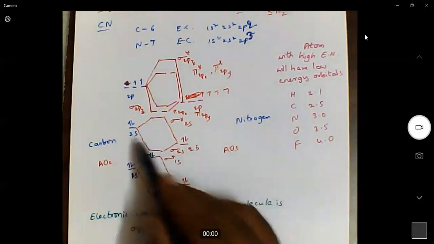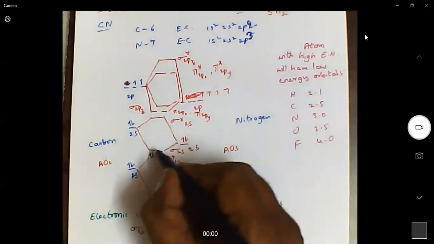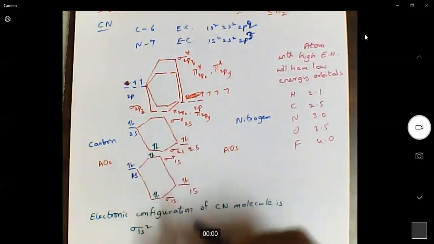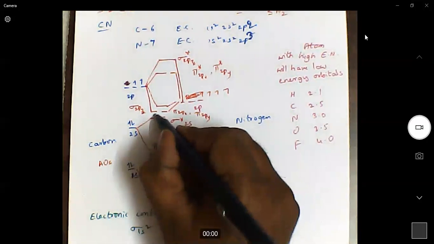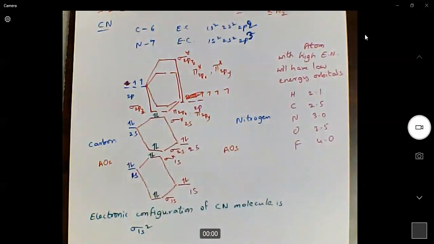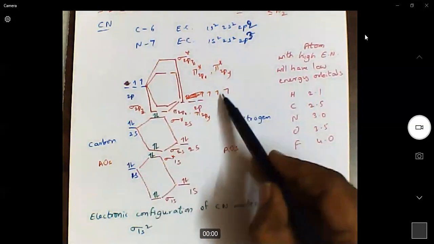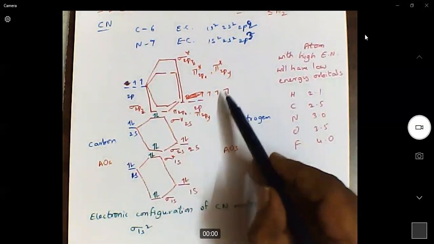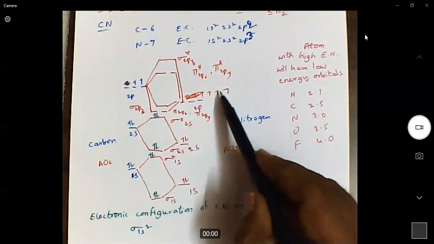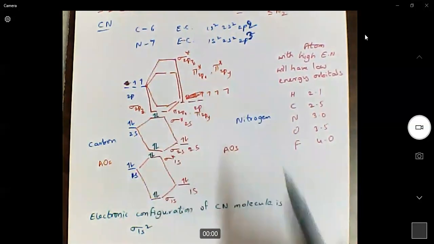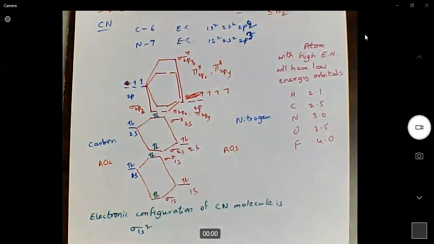So altogether we have 4 electrons in 2s orbitals. So we will place 2 electrons in sigma 2s, 2 electrons in sigma star 2s. We have 2 electrons in 2p orbital of carbon, 3 electrons in 2p orbital of nitrogen. So altogether we have 5 electrons in 2p orbitals. Now we need to fill these 5 electrons.